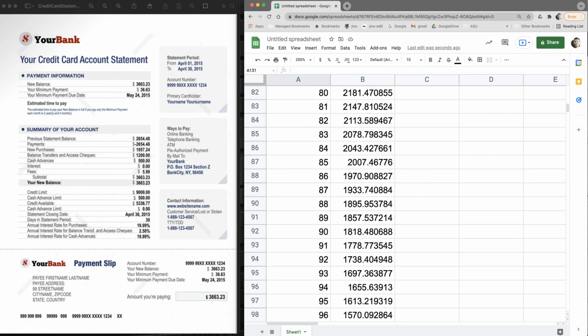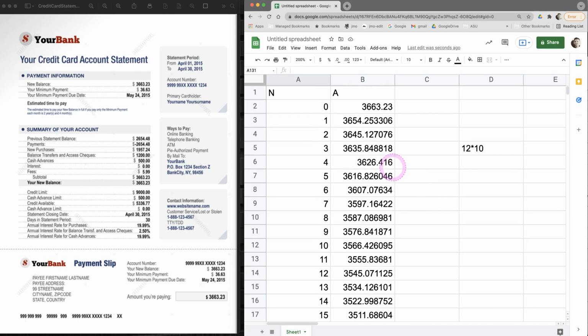Okay, so here is the problem with the bill that is shown, right? They said our minimum payment was $36.63, and we can see that if you only went back to the beginning and tried to pay $36.63, the amount of money that we owed after 1 month increased, right?